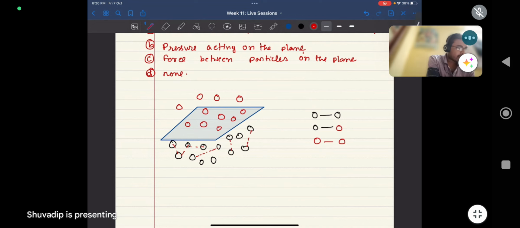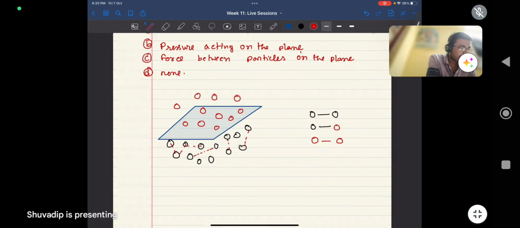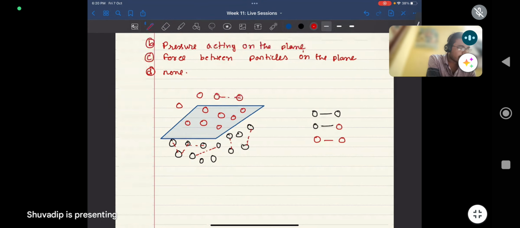This interaction between red or between black will not contribute to the stress, because those interactions are not crossing the plane. But if I consider this interaction between red and black, these interactions are crossing the plane.